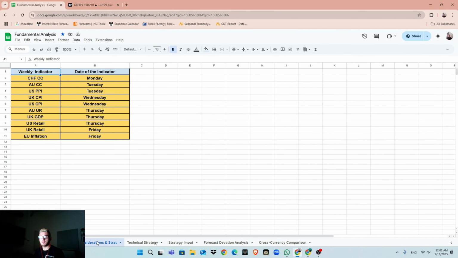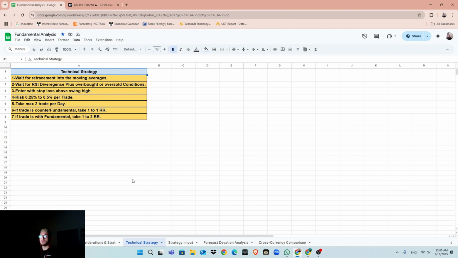Then I added another sheet that implements the weekly indicators that I like to see and what their impact will be on the markets. Then I added a small technical strategy for scalping and for different conditions, even if I'm trading on a higher time frame, on the daily time frame.